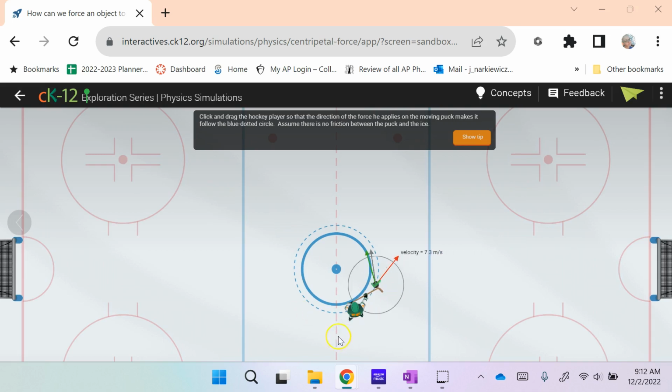This is looking pretty good, right? So that green arrow is showing me my last net force relative to the velocity. That's directly upward now, which we could define as perpendicular. So this is looking pretty promising.